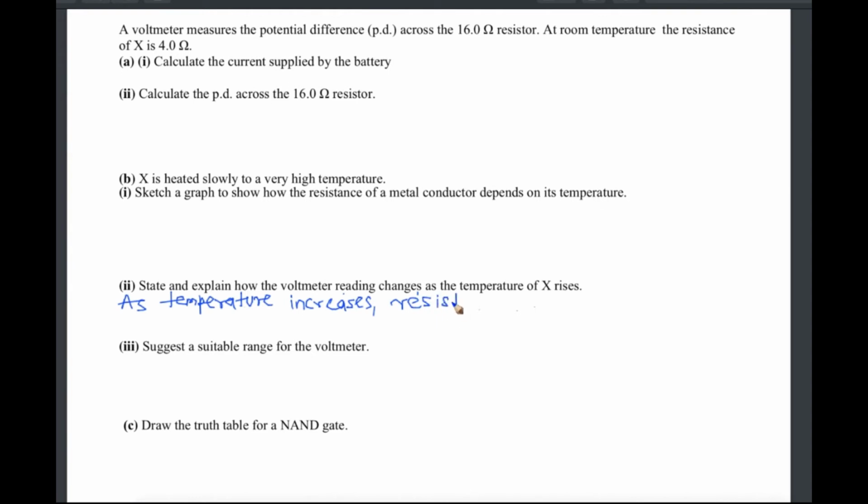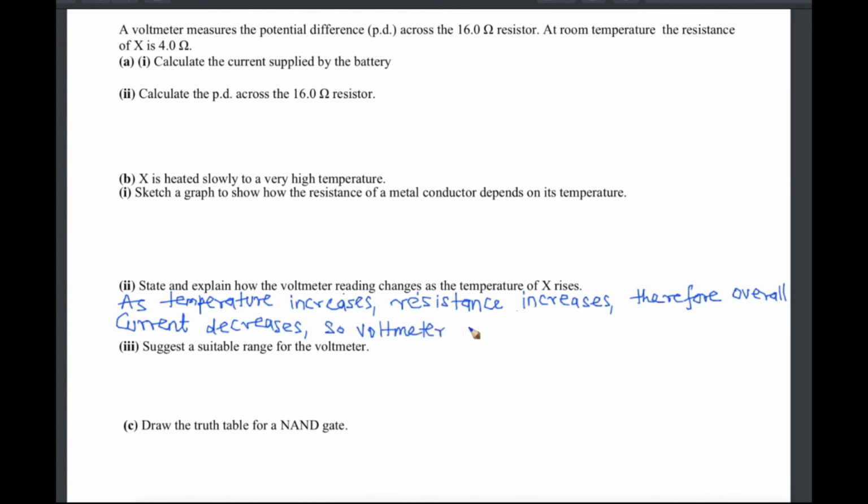That's why we have to say resistance increases. In a thermistor, it's opposite. If you increase the temperature, resistance will decrease. So resistance increases. Therefore, overall current decreases. So voltmeter will read less.